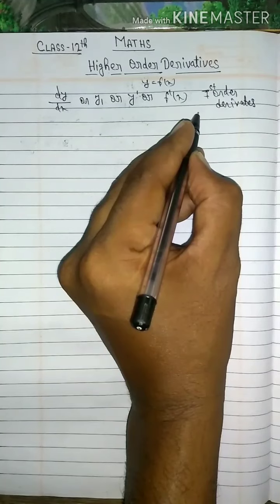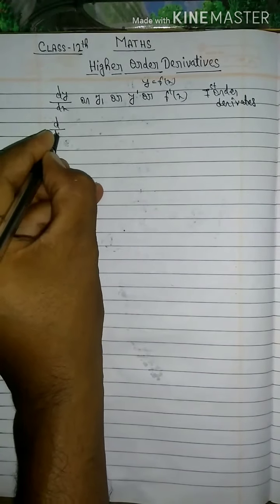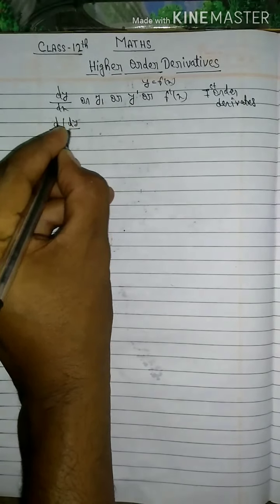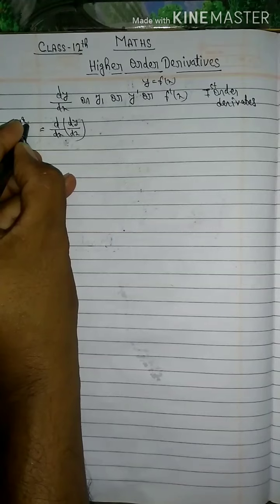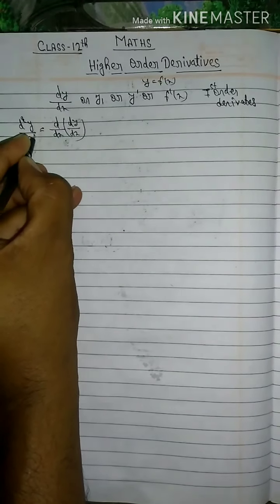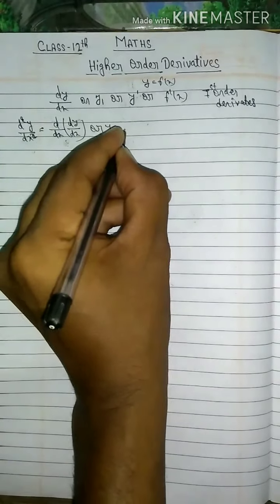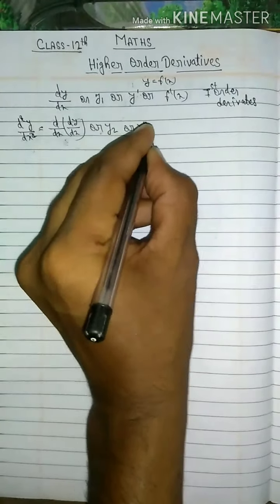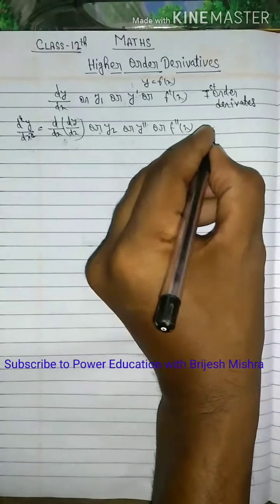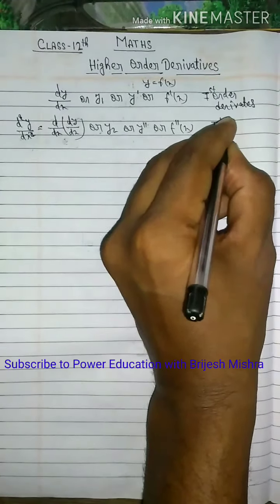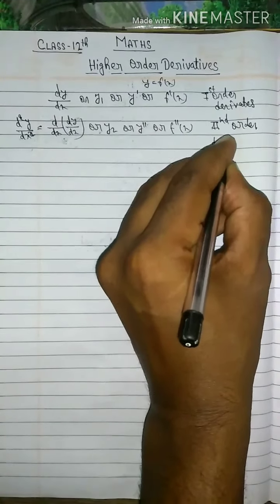If you want to differentiate it once more, then d/dx of dy upon dx, which is usually represented as d2y by dx2, or y2, or y double dash, or f double dash x, is the second order derivative.